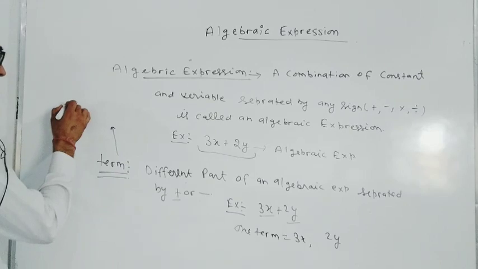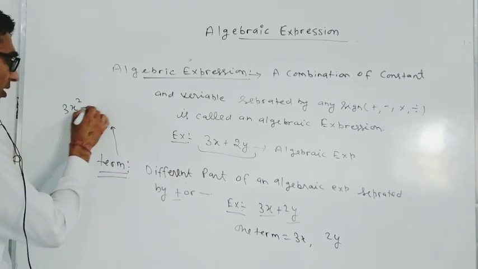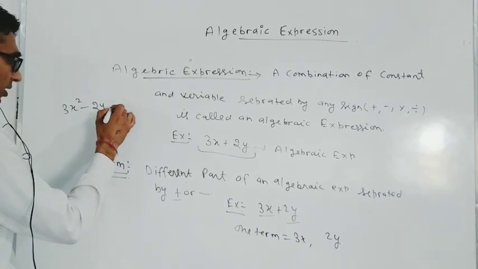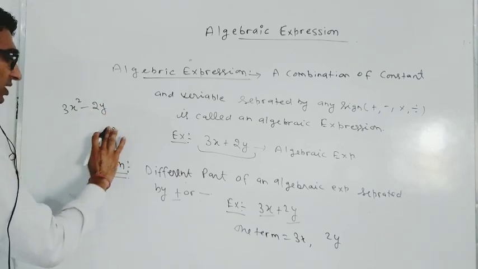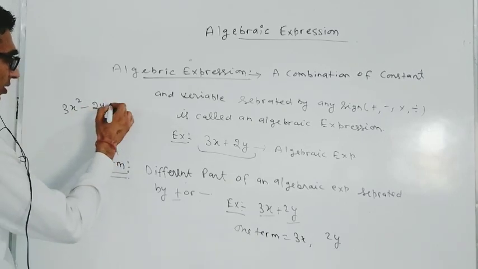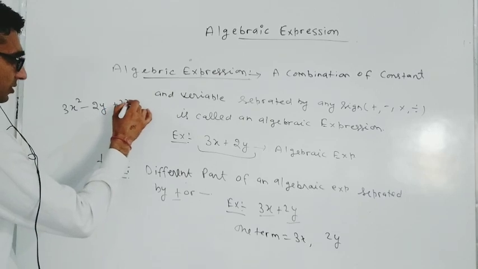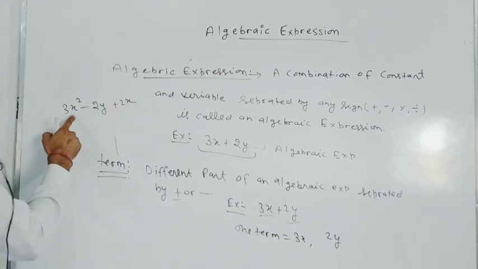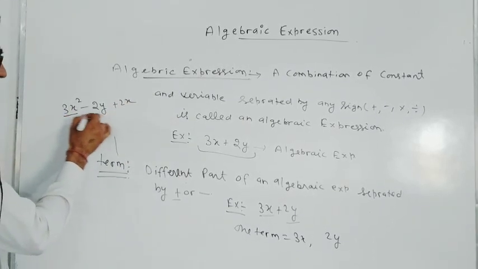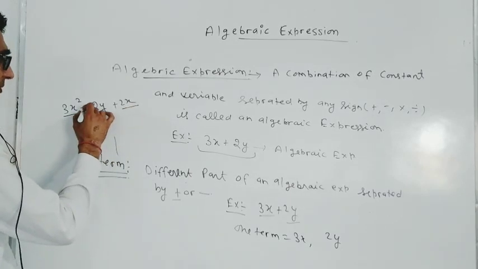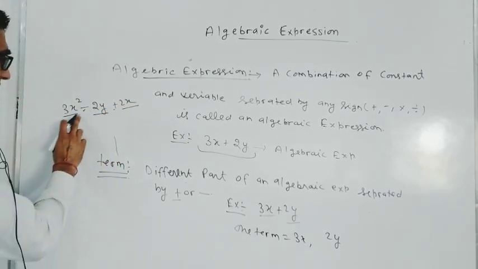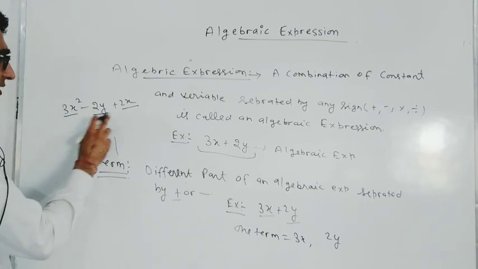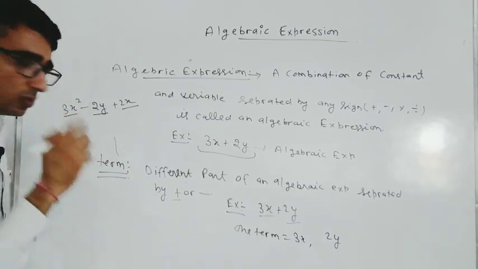See here. If I write 3x square minus 2y plus 2x. So here I can see there are three parts which are separated by two signs.